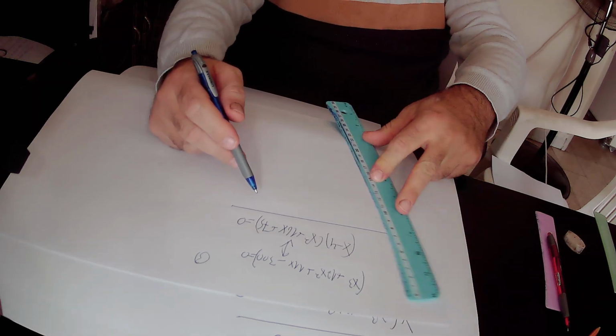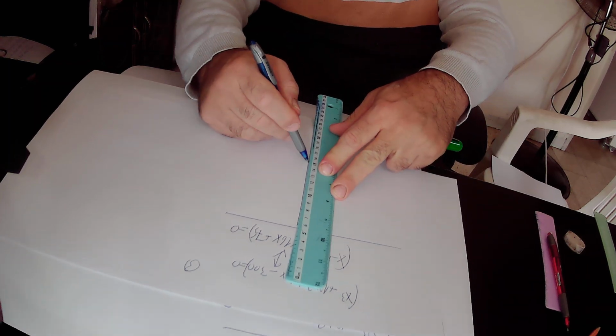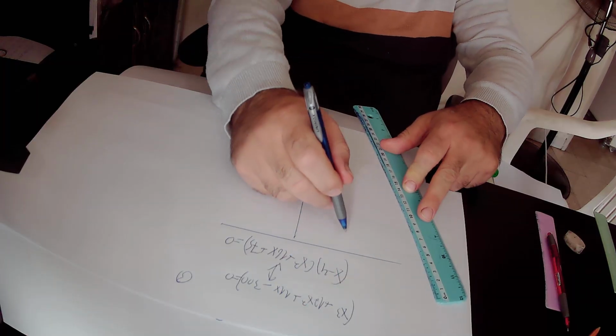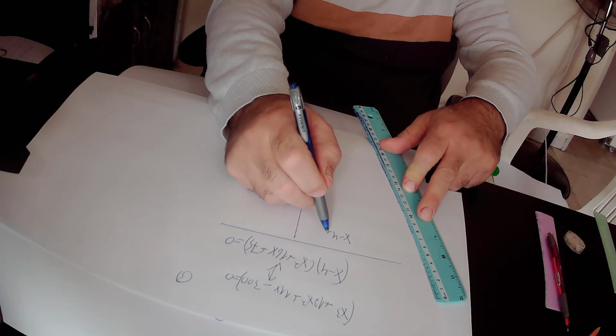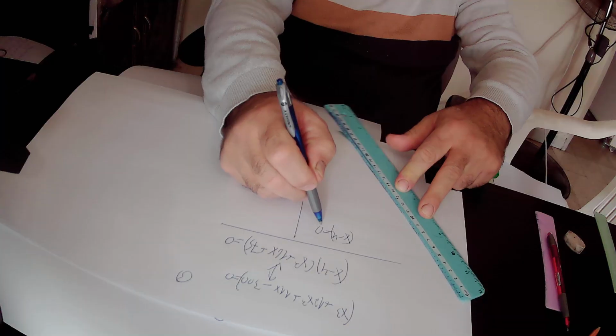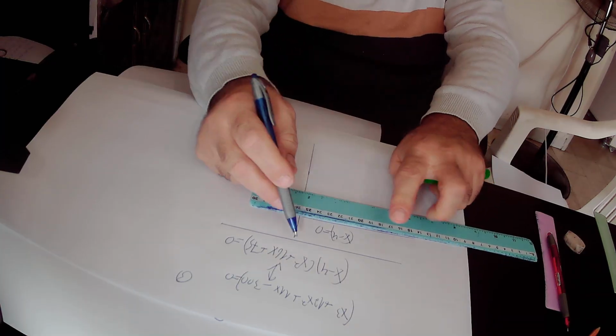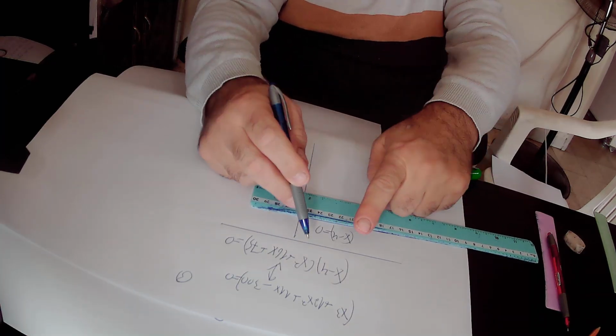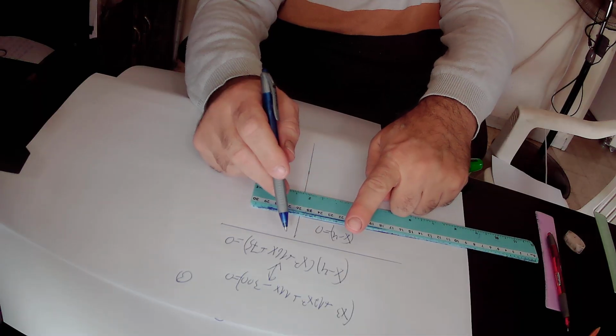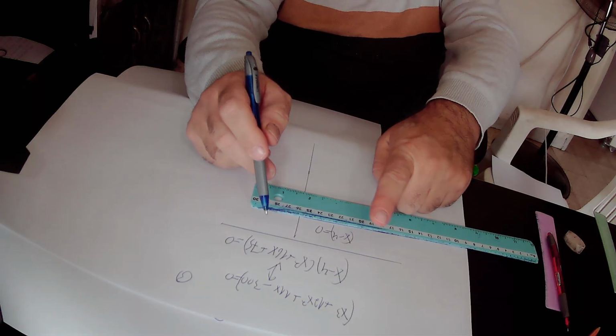The first solution to this equation is that x minus 4 equals 0. If x minus 4 equals 0, then 0 times anything is 0. You get that the left side of the equation is equal to the right side of the equation.